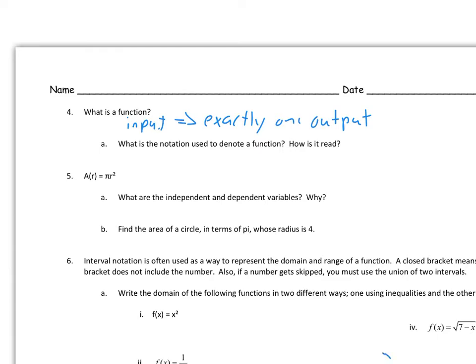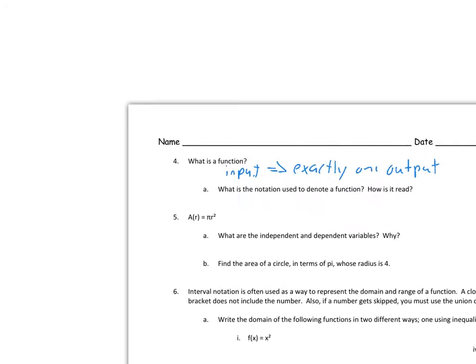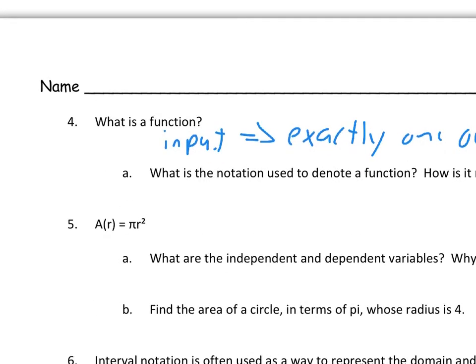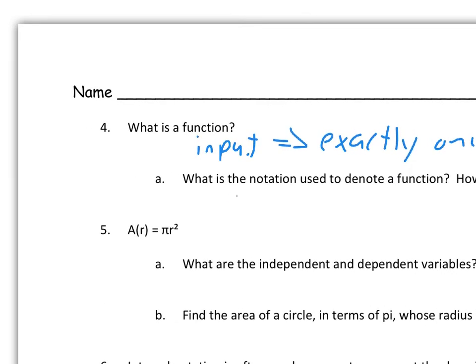Function notation, just a quick reminder of what that is. We write it like this, and it's read as f of x. F of x, just a quick reminder of function notation.